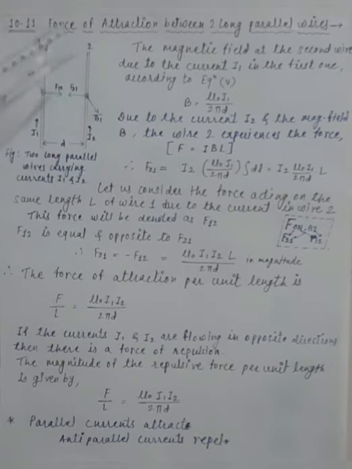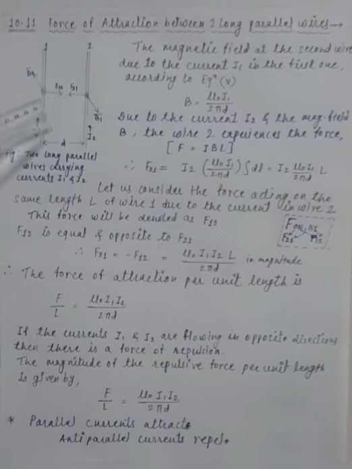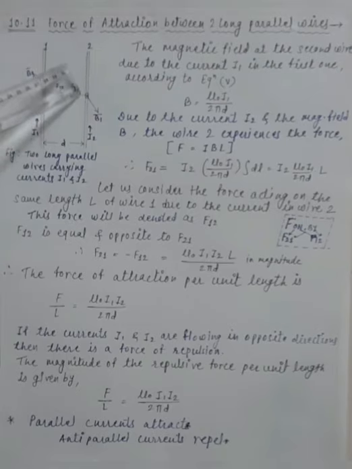Now, as seen in the last expression, the magnetic field at the second wire due to the current I1 in the first wire is according to the equation B equal to mu 0 I upon 2 pi R. See here, the magnetic field at second wire is due to the current flowing through the first wire.